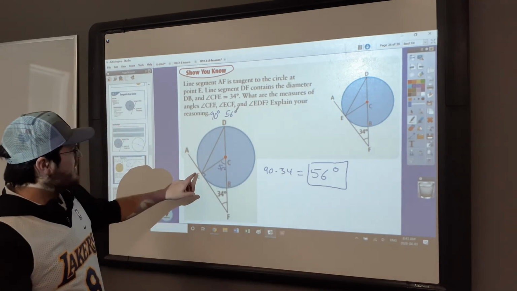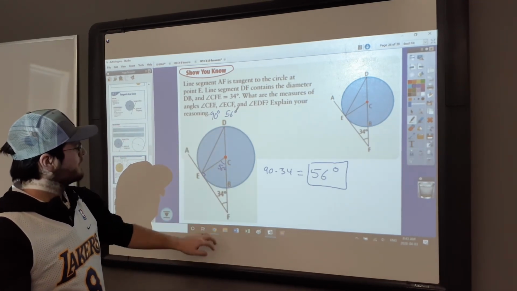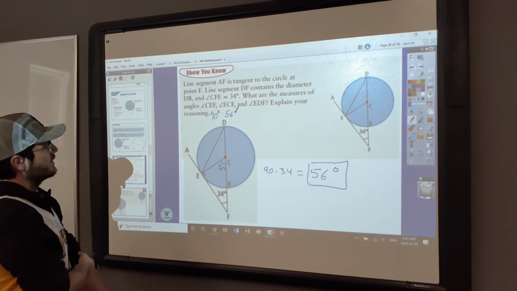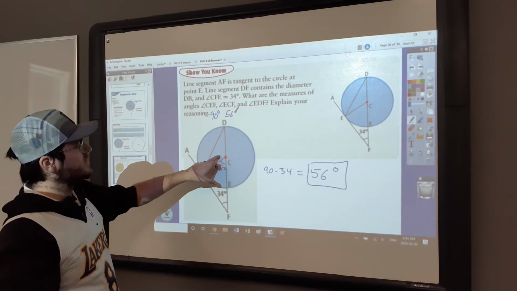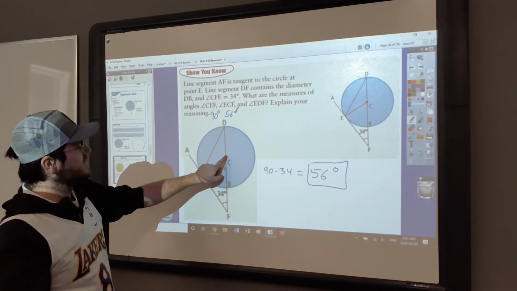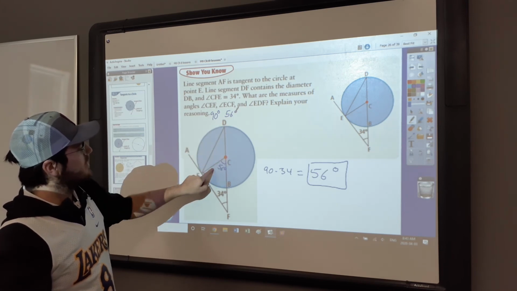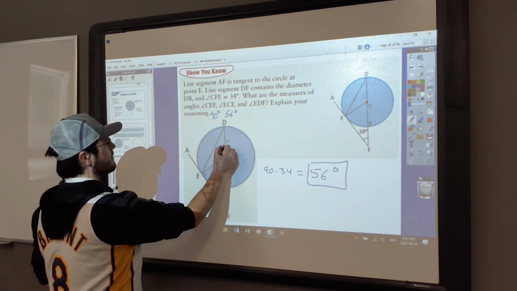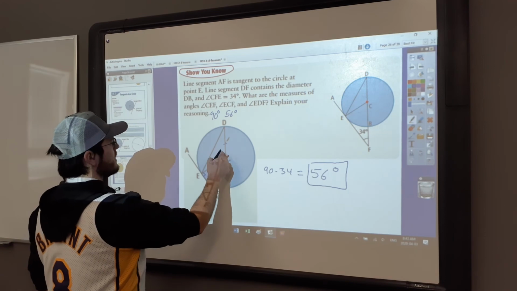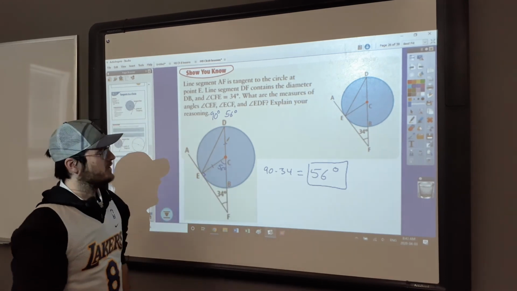Okay, EDF, that's this other angle. And that one we kind of have to do in 2 steps again. If I recognize, just like the last example, this triangle here is actually formed by the radius and the radius. So I could find this angle, and then I can use it to find the last one.